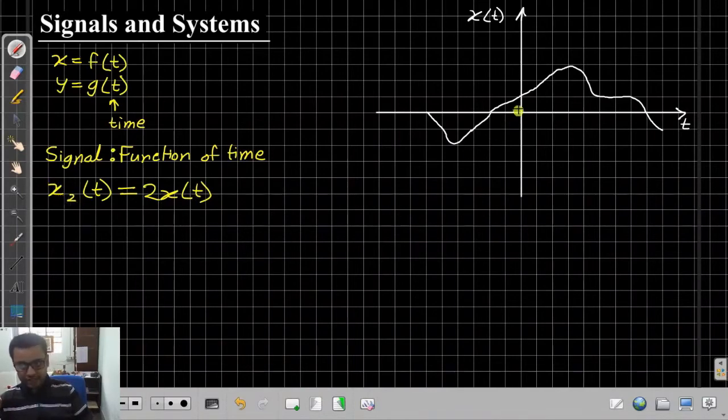It will look very similar to x of t, except that its height will be doubled at each and every instant of time. For example, here the height is 0, so it will remain 0. Here the height is 1, so it will become 2. Here the height is 3, so it will become 6. Here it will become 2. Here it will become -4, and so on. Now you may join all these points together.